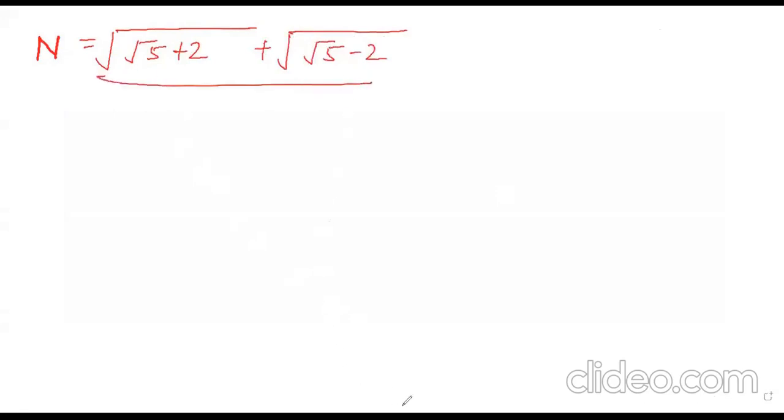n is equal to square root of (5 plus 2 plus square root of 5 minus 2) divided by square root of 5 plus 1, minus 3 times 2 root 2.